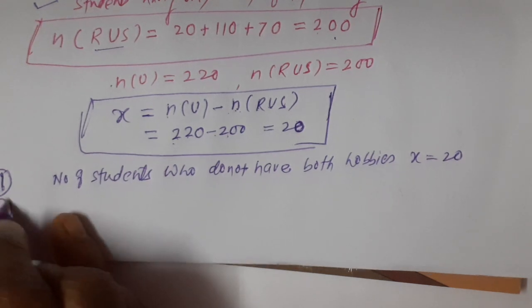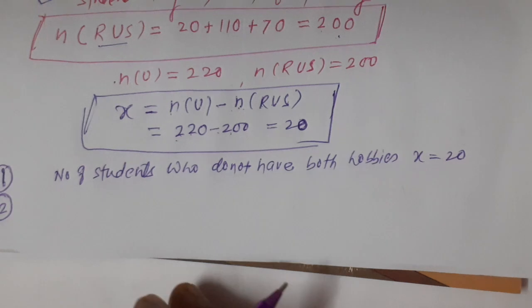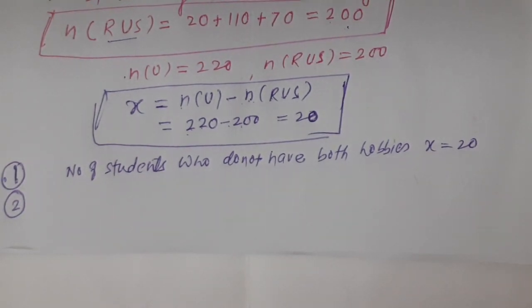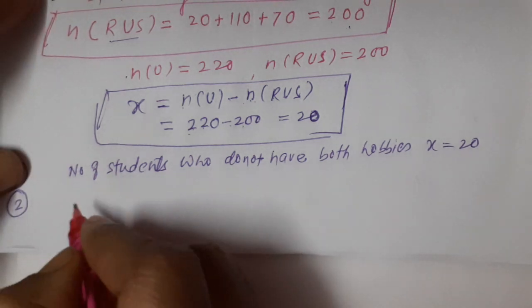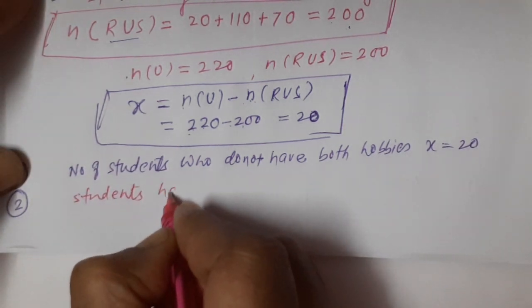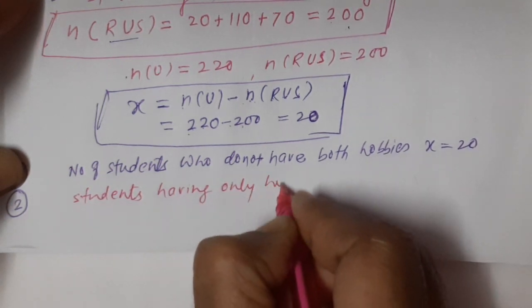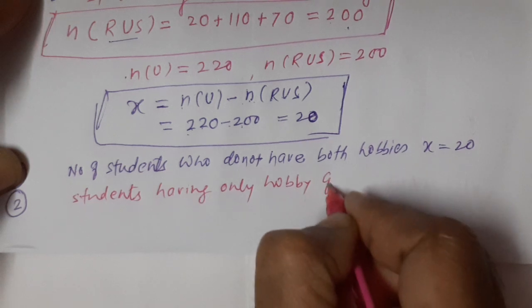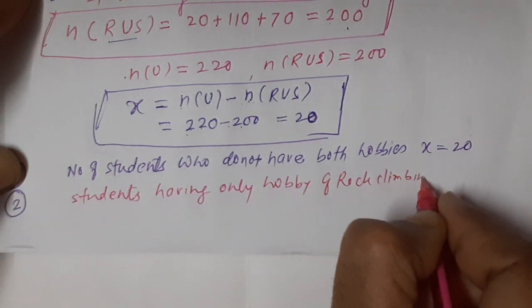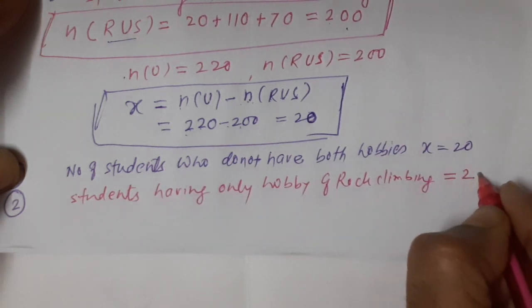Second, we have calculated students having only the hobby of rock climbing, that comes out to be 20.